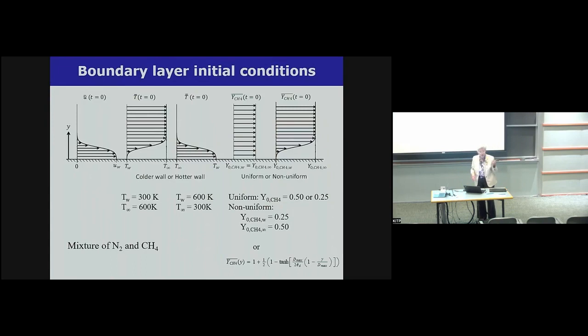So let's look at boundary layers. We're having here either a boundary layer with a colder wall than the mixture or with a hotter wall, but in each case the difference, the delta T, is the same. And we have a mixture of N2 and methane, and we're looking either at uniform or non-uniform mixtures to start with, okay?